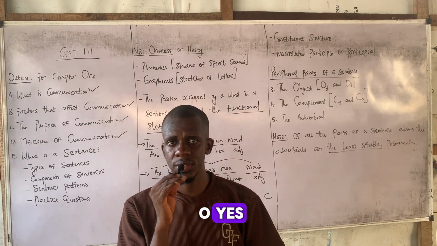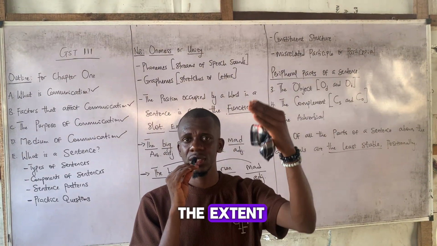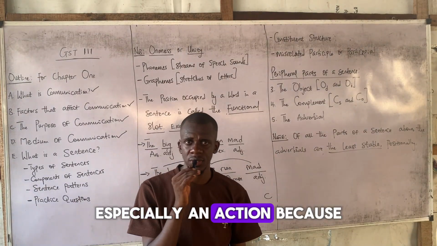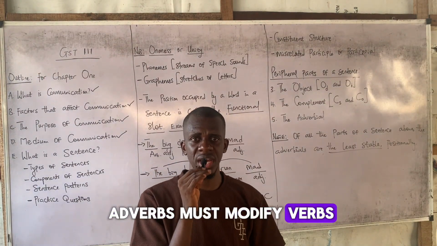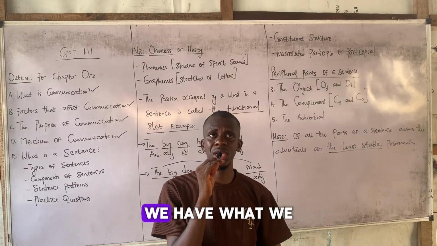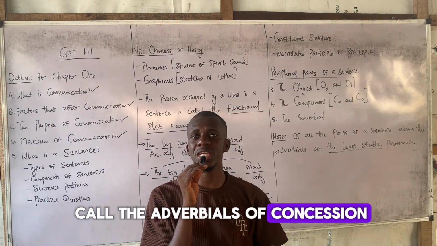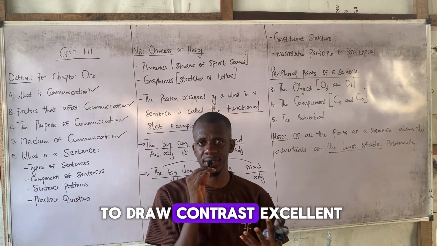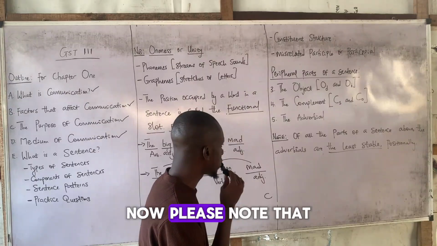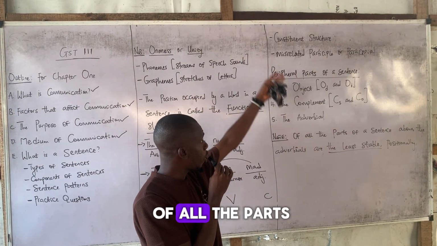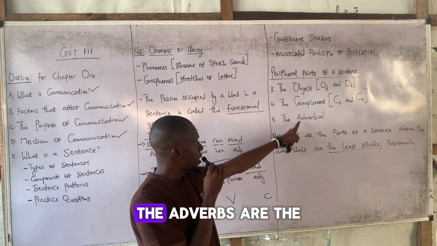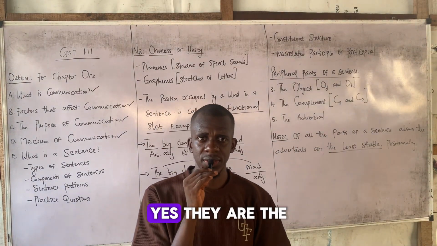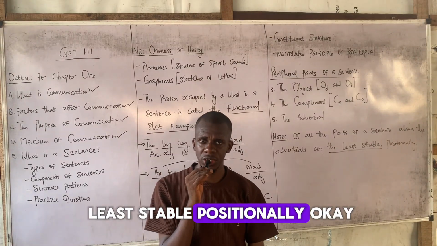So they tell us the extent or the frequency to which something happened, especially an action, because adverbs must modify verbs. Then lastly, we have what we call the adverbials of concession. We employ these adverbials to draw contrast. Excellent. Now, please note that of all the parts of a sentence, the adverbials are the least stable positionally.